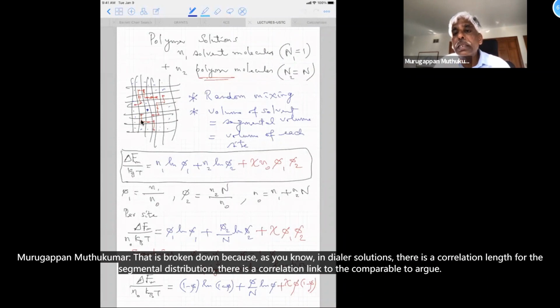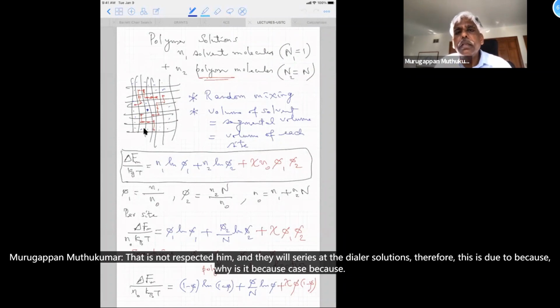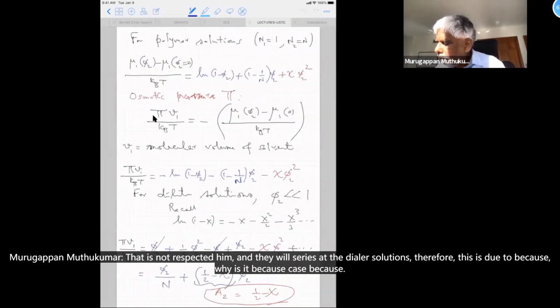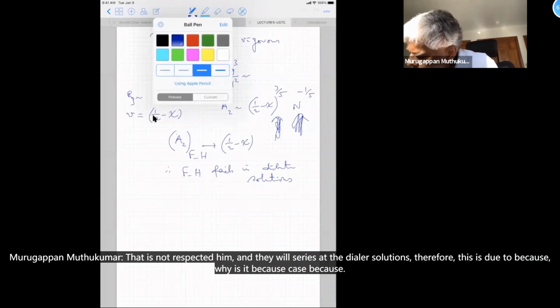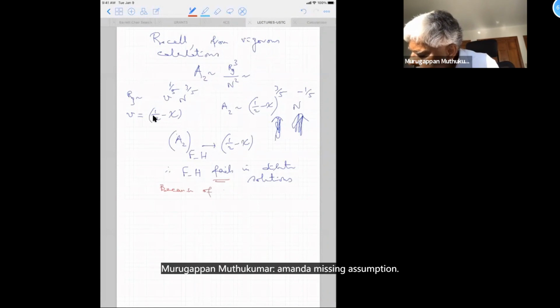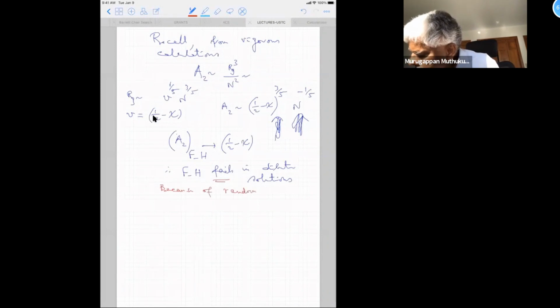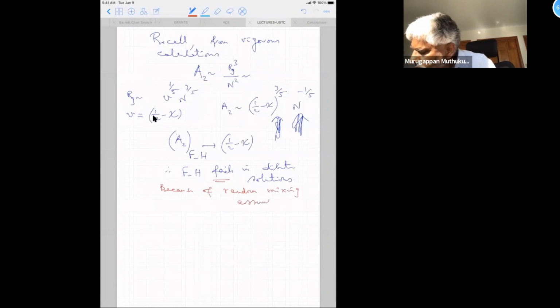There is a correlation length which is comparable to RG. That is not respected in the Flory-Huggins theory at the dilute solutions. Therefore, it fails because of the random mixing assumption. This cannot be valid for dilute solutions.